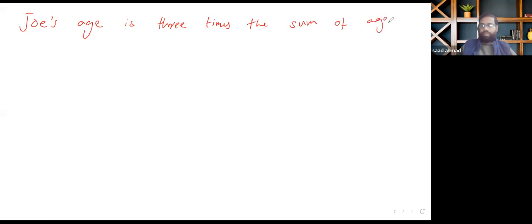So the problem that we have is, let's say, Joe's age is 3 times the sum of the ages of his 2 sons.